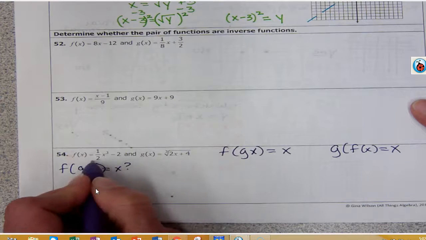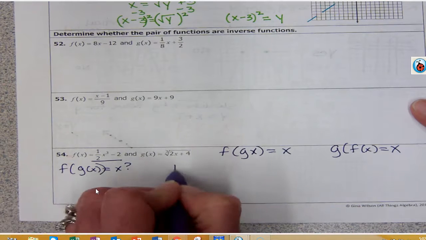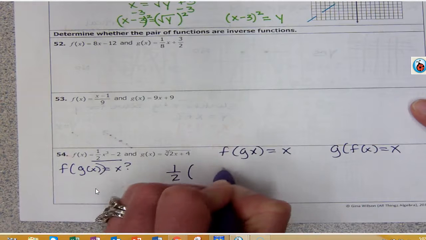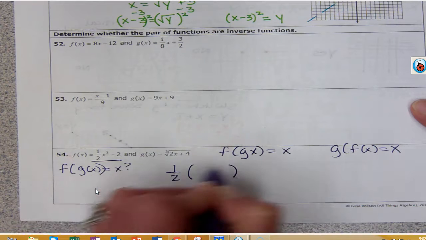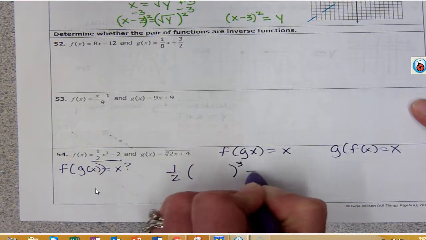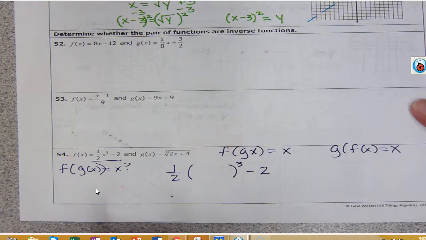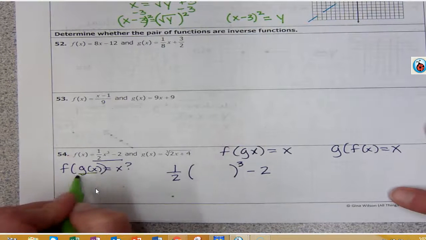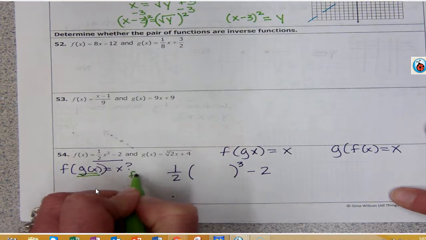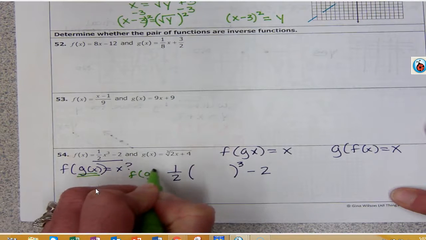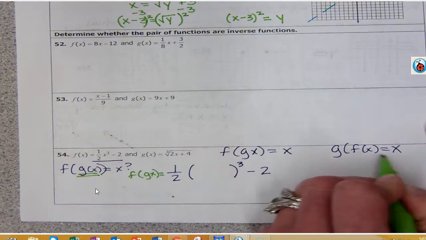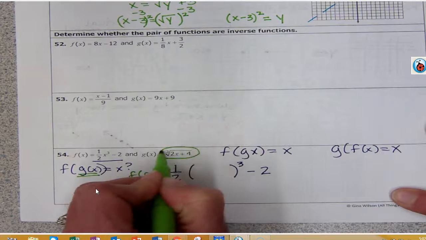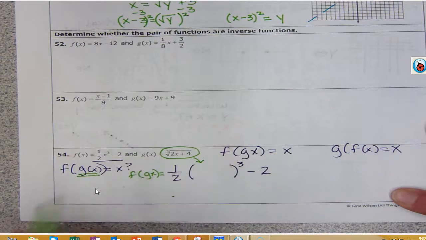So we've got f of x is 1/2 x to the third power minus 2. So, since I'm finding f of g of x, I'm going to plug g of x in for the x here.